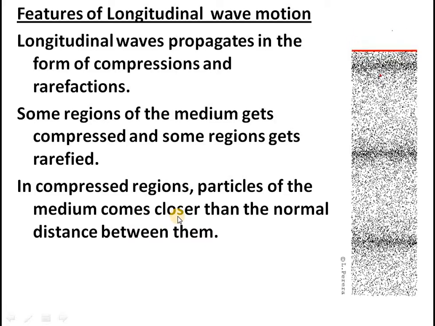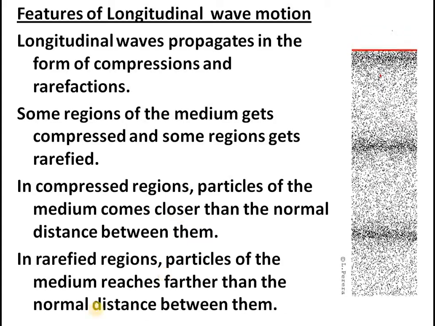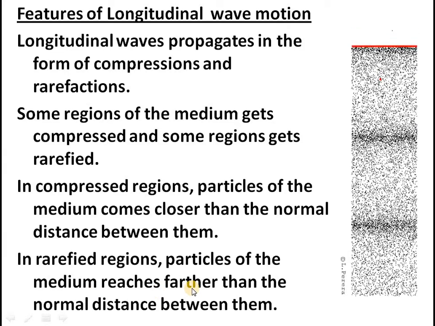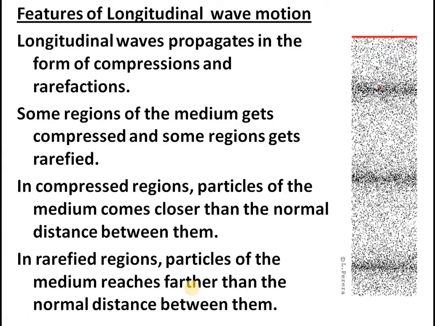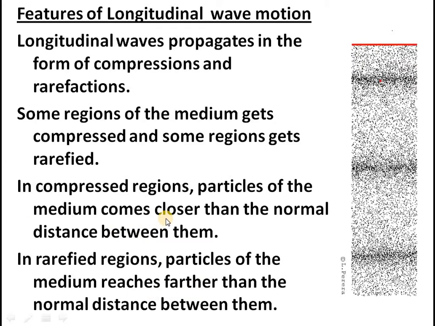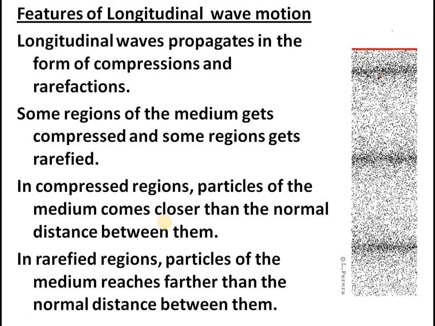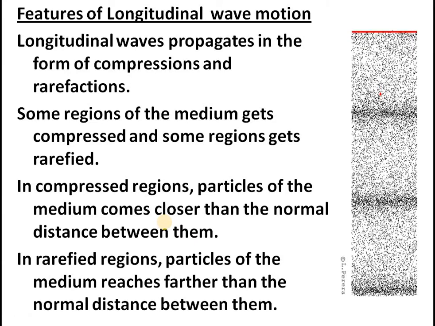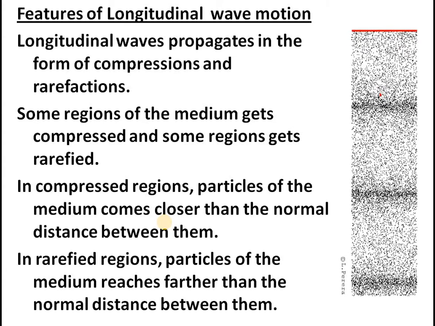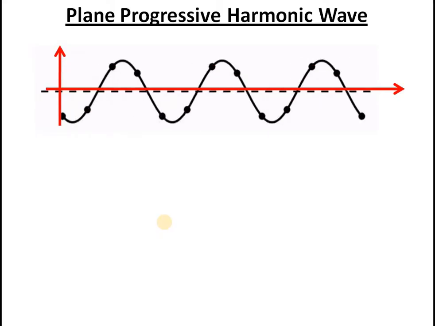Their interparticle distance is less, whereas in rarefied regions, particles of the medium are farther apart than normal. Their interparticle distance will be larger than the normal value. That is how they are characterized, and that is how we can differentiate between a compressed region and a rarefied region. But both compression and rarefaction are required for the real propagation of energy, for example sound energy, from one place to another place.